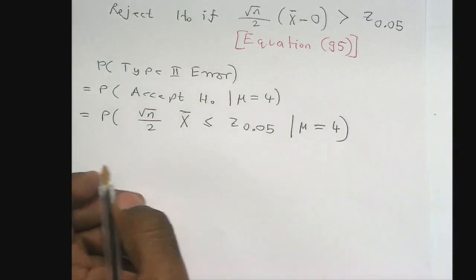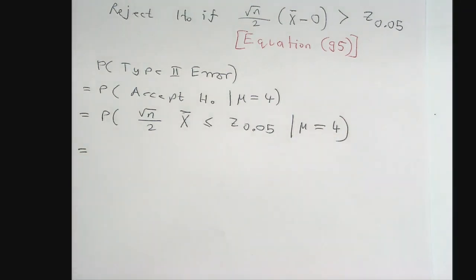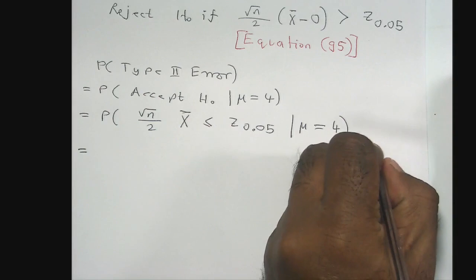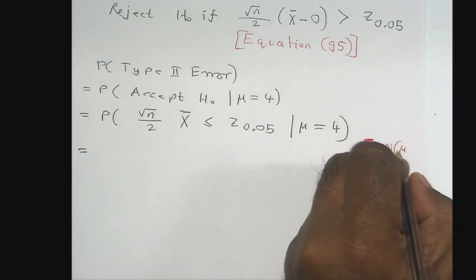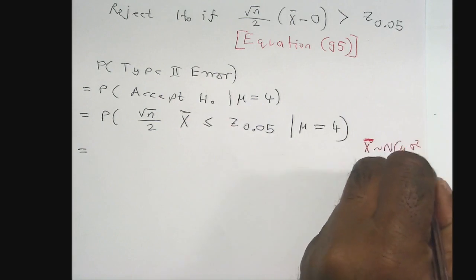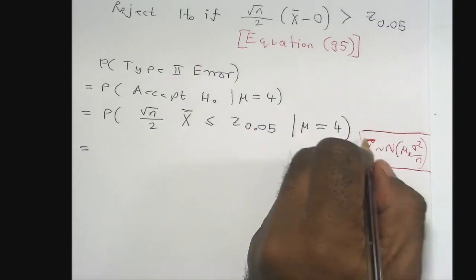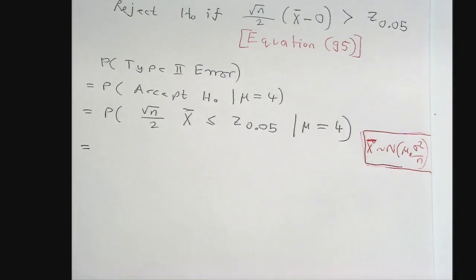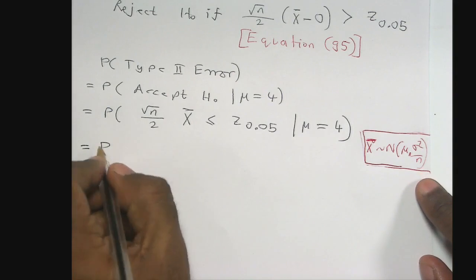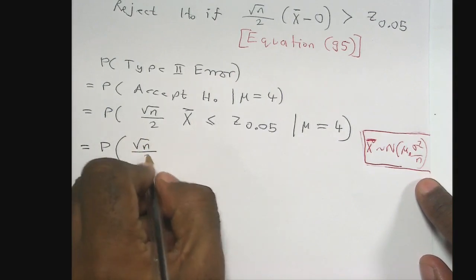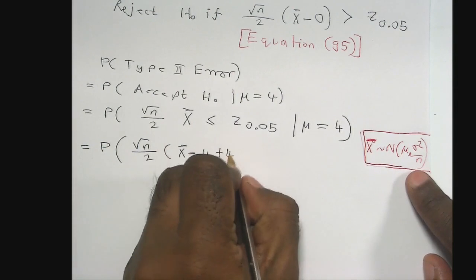Standardize, exactly. Now, we know the true mean, and this is where I'm going to use the x bar result. So to standardize, I'm going to use this result, guys. I'm going to subtract the true mean, which is 4, and add 4.